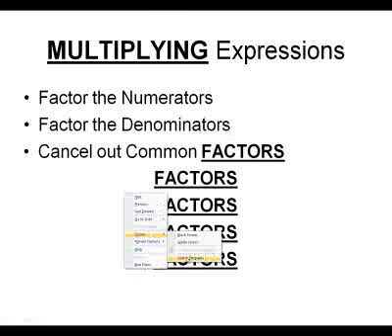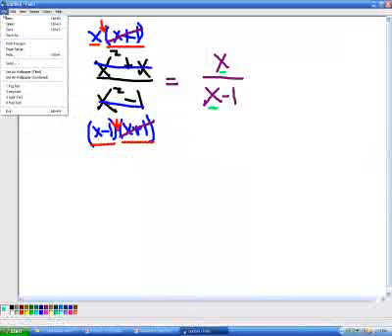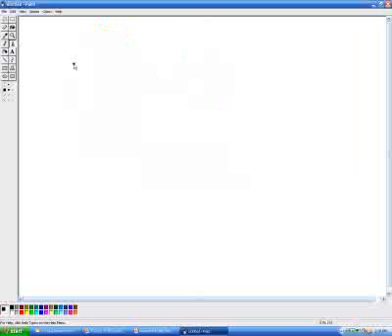Pop over here to the Paint program again. Let's get the rational expressions. We'll keep it simple. x squared plus 1x over, let's say, x squared minus 2x minus 3.